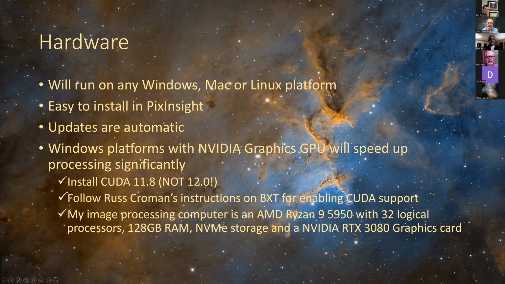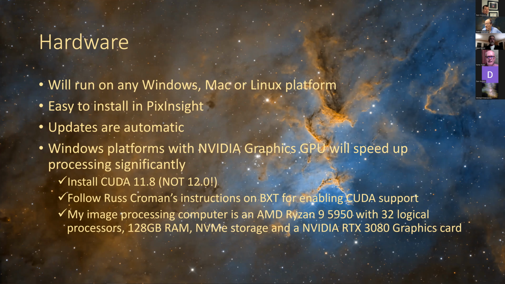I've got a link later on at the tail end of this presentation to some instructions that Russ Croman has on enabling CUDA support. If you have a Windows machine with an NVIDIA graphics GPU, I highly recommend that you enable CUDA. It's a bit of a tedious process to do, but it will make a tremendous difference in the processing speed of your computer.